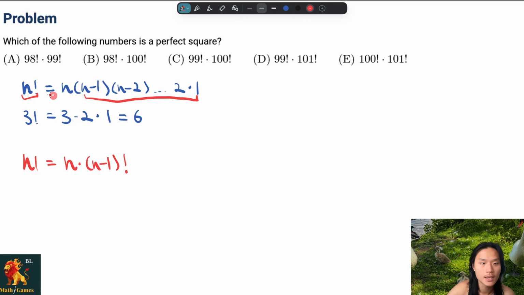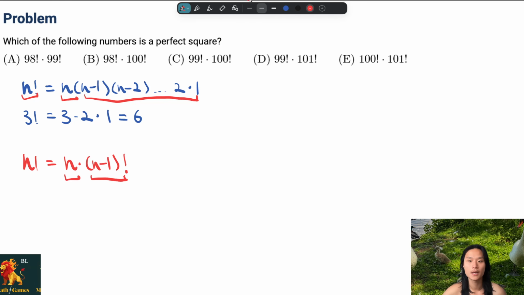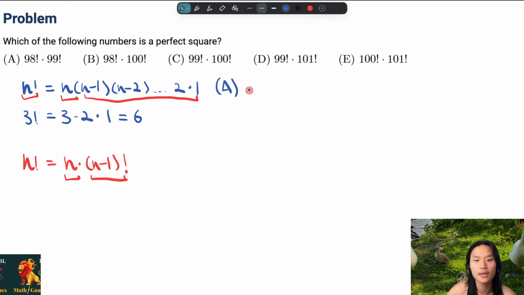So here we can break n factorial down into two parts: the n here, and the second part from n minus 1 all the way to 1, which is just n minus 1 factorial.